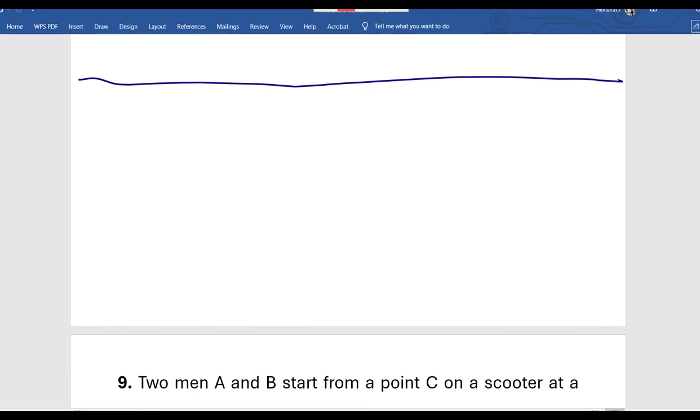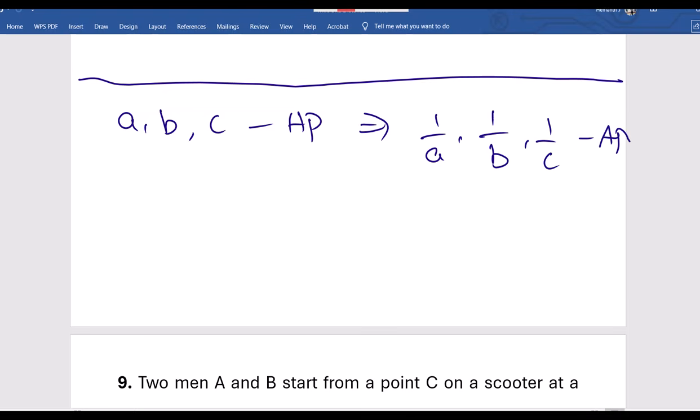In AP, how do we decide the terms are in AP? The difference must be the same. Now, A, B, C are in HP means 1 by A, 1 by B, 1 by C must be in AP. Agreed?